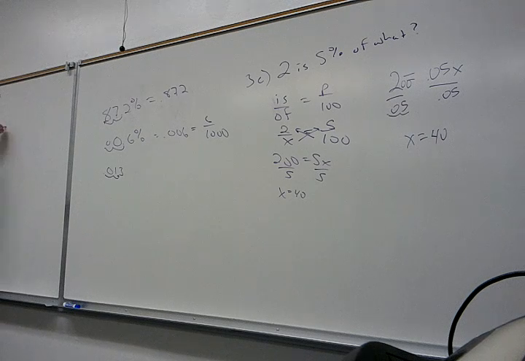Right, because the bottom can't easily become 100. What do you multiply 16 by to make 100? Something. I don't know. 6 point something. Somebody's looking it up. 6.25. All right. So, how do you do this then?